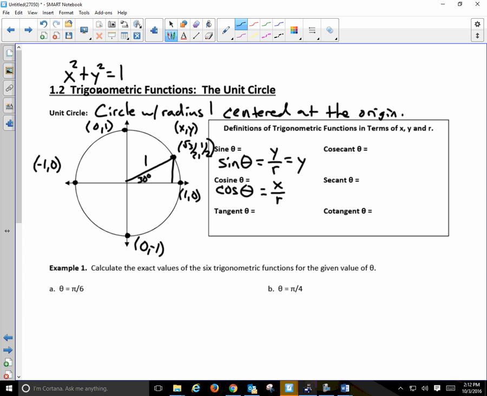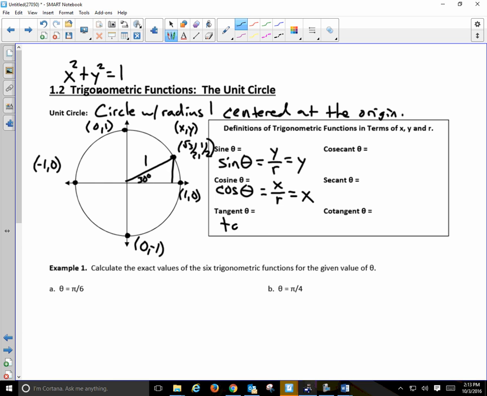And since the radius is 1, x over 1 is just x. So cosine is your x value. So can somebody tell me what would be the cosine of 30 degrees? What's the x value of my coordinate? Root of 3 over 2.